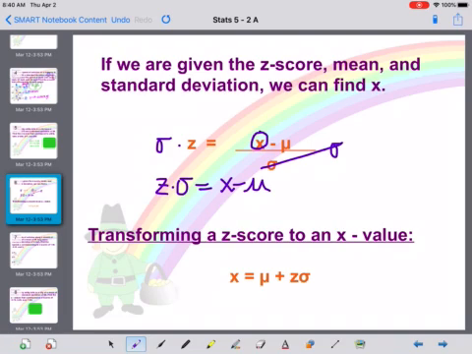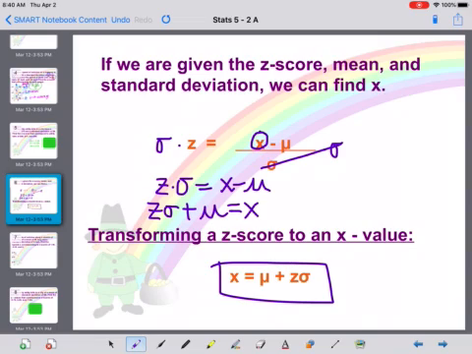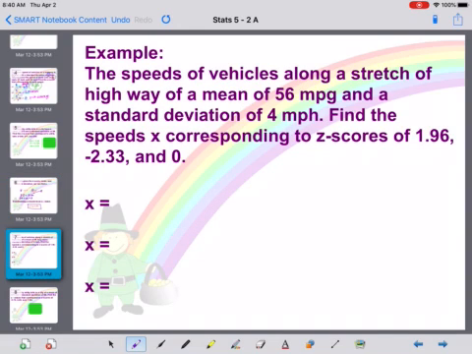Again, we're trying to get x by itself, so then you'd add the mu over. So that's z baby sigma plus mu equals x, which is the same thing that is down here, just in a little bit of a different order. So if you know the z-score and you're trying to find the x value, you can use this manipulation of the same formula to go in a different direction. So mu plus z times baby sigma.